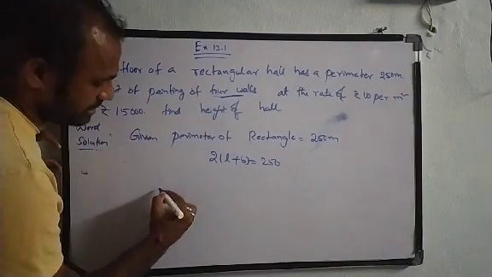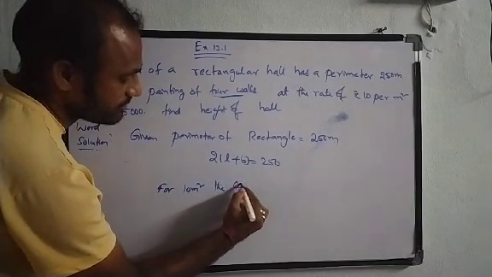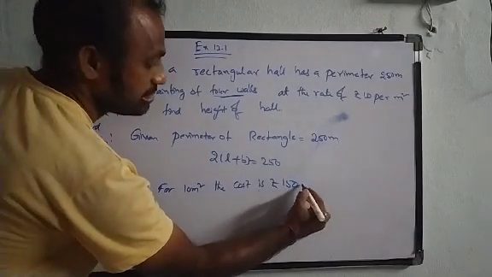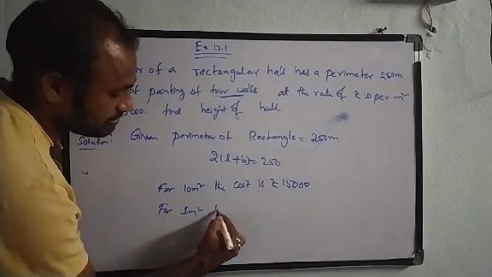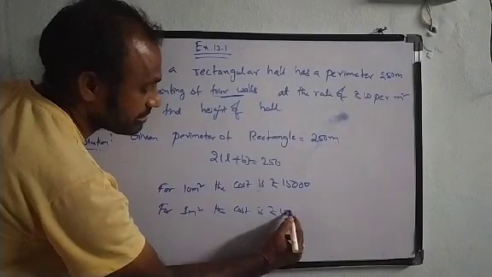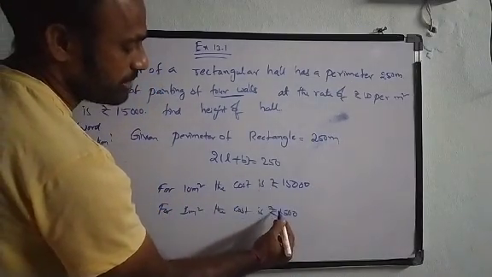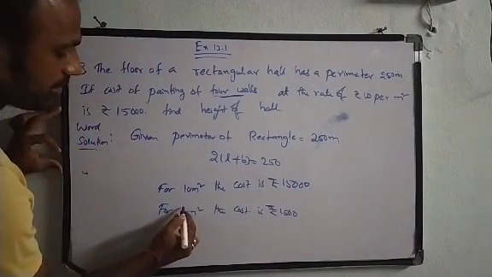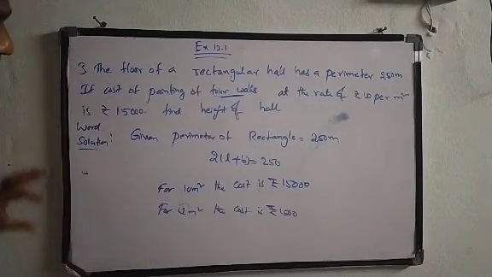Next he has given that for 10 meters square, the cost is rupees 15,000. So for 1 meter square, the cost is rupees 1500. Simply because we divide by 10, so 0 gets cancelled, it will be rupees 1500. So for 1 meter square we are getting a cost of rupees 1500.